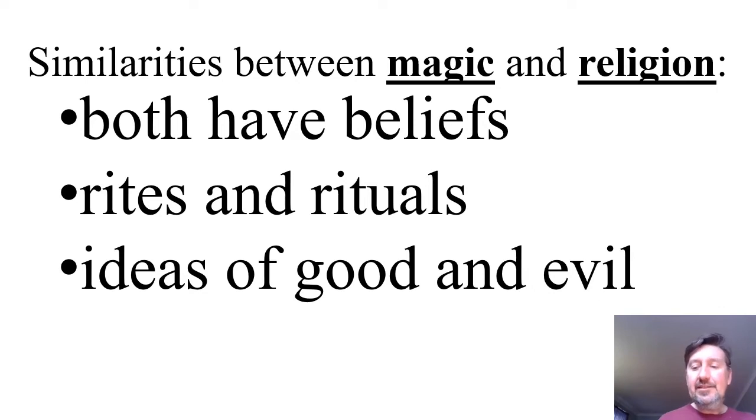Next, we discussed the category of magic and how magic is both similar to and also different from the category of religion. Magic refers to techniques and strategies that people use to gain control over external events.